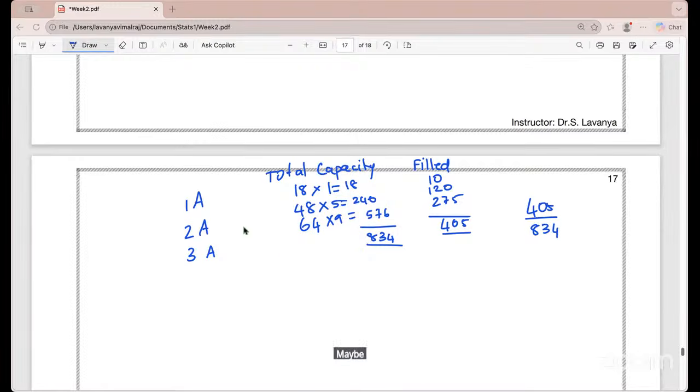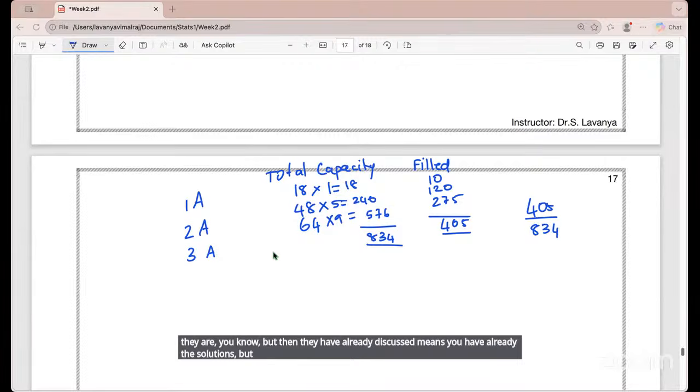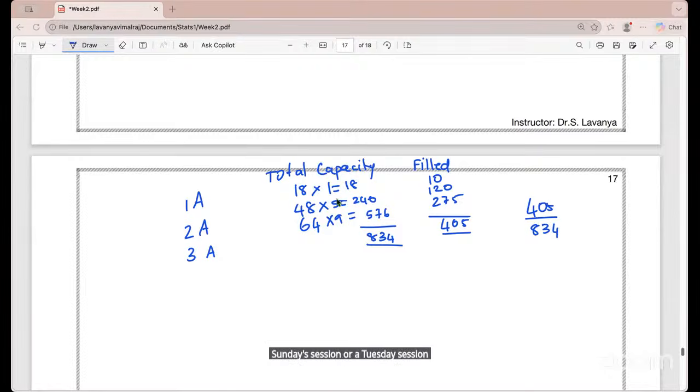Ma'am, but in the morning session taken by TS, it was already discussed. If they have already discussed, then you already have the solutions. But if there are doubts, we can discuss again in the next session, because we are almost at the end of this session. Whatever doubts we have, we can discuss in the Sunday or Tuesday session. Will that be fine? Yes, ma'am, thank you.